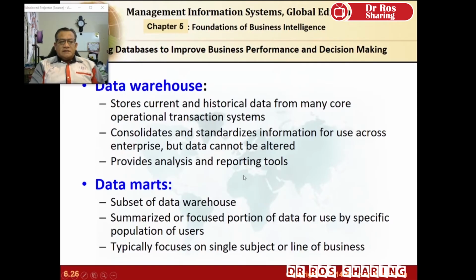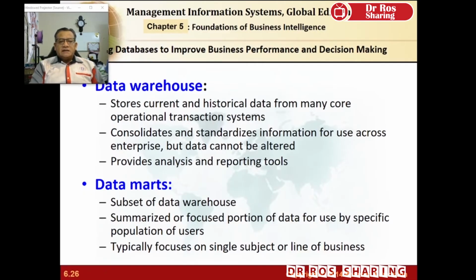Well, the name says by itself that this warehouse stores data, which is current data, asynchronous data, and also historical data from many operational transactions. For example, from the TPS, transaction processing system, or from any purchases that you make online.